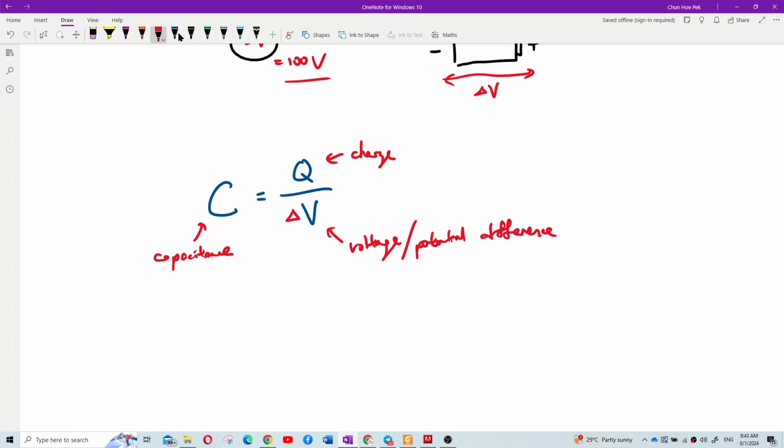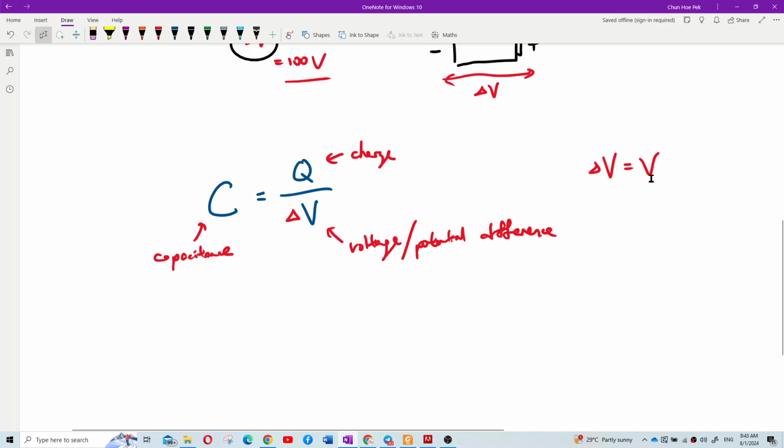Actually, this V is delta V, potential difference or voltage. But why do we just put V? Because we want to simplify the writing and the equation. For this chapter, we consider delta V as V.